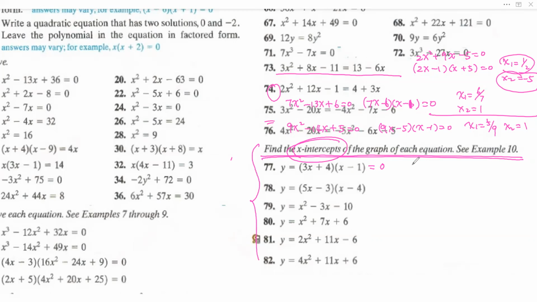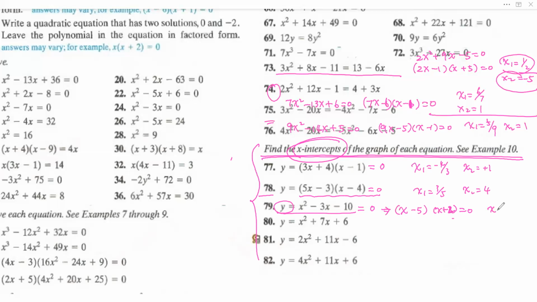So if they equal 0, you can quickly find x1 equals -4/3, x2 equals positive 1. And for 78, when they equal 0, they transform these equations, right? So x1 is equal to 3/5, x2 equals 4. For 79, when they equal 0, first we need to factor them as well, right?